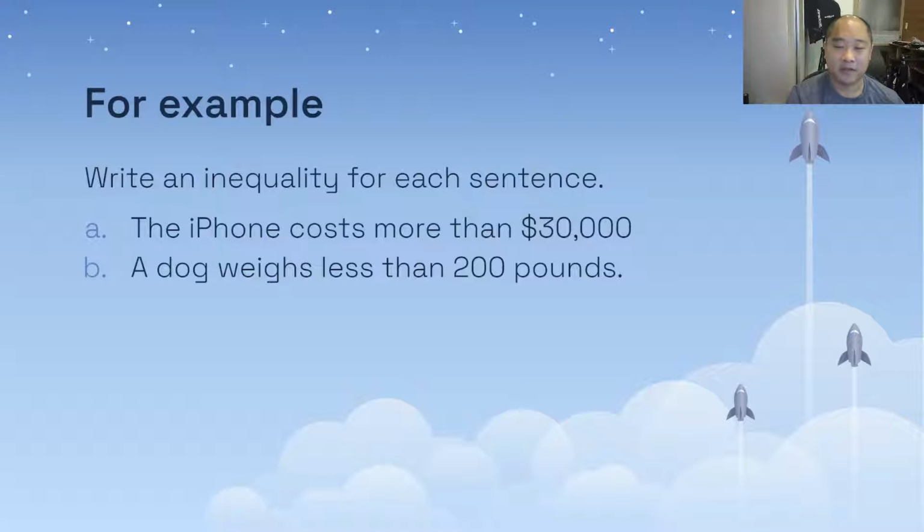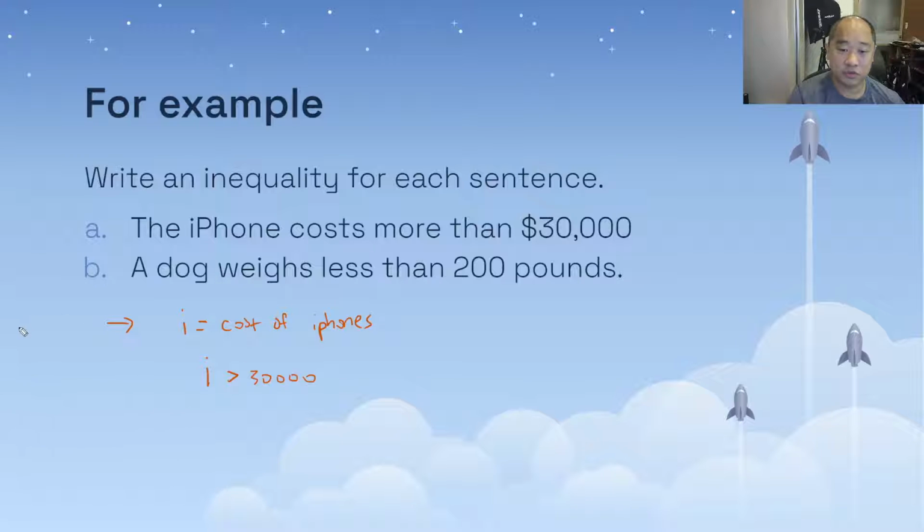Okay, so, for example, let's write an inequality for each sentence. The iPhone costs more than $30,000. So we can call I the cost of iPhones, and we can say I is more than 30,000.